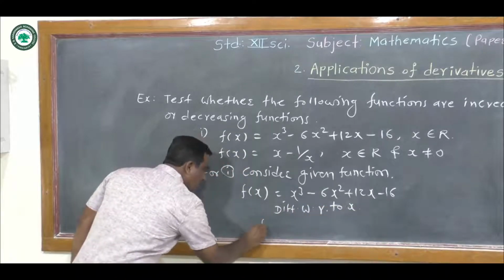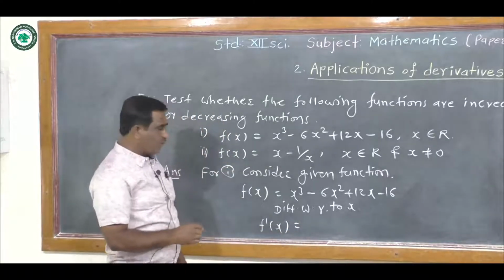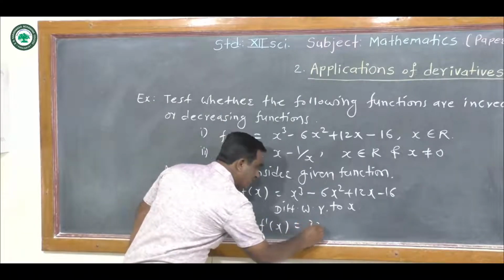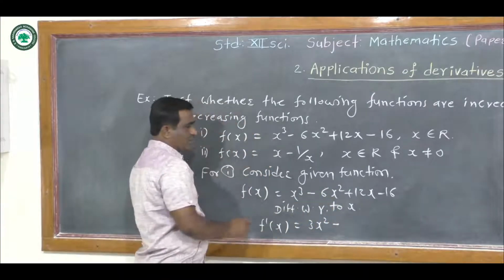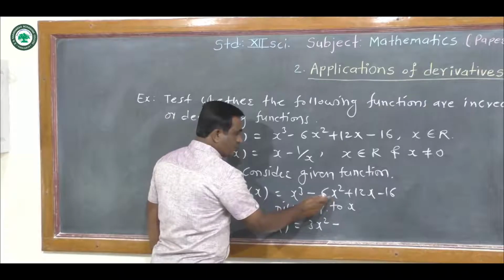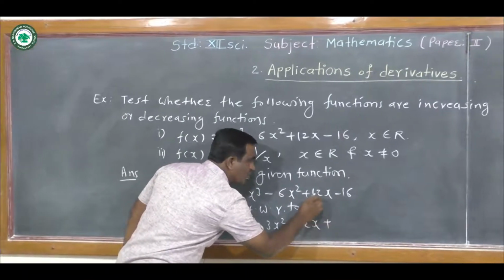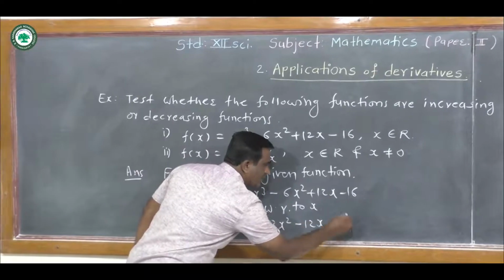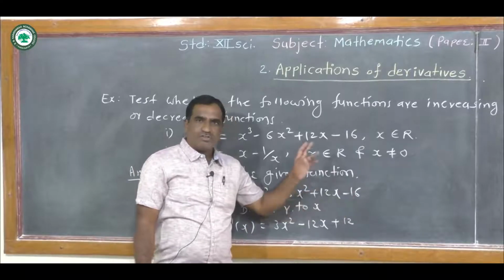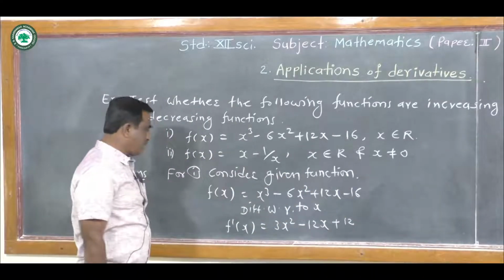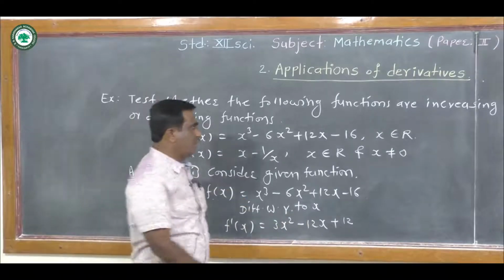Therefore the derivative f dash of x: derivative of x cube is 3x square, minus derivative of 6x square, which is 12x, plus derivative of 12x, which is 12, minus derivative of 16, which is 0. That is, we get f dash of x equal to 3x square minus 12x plus 12.